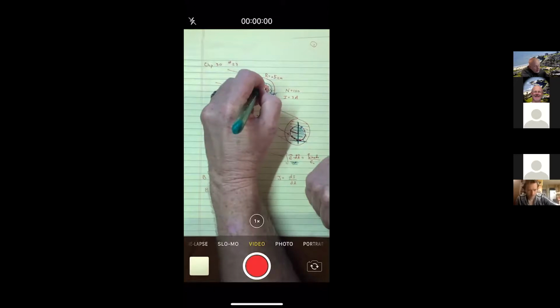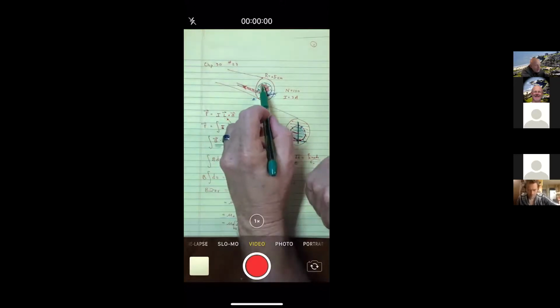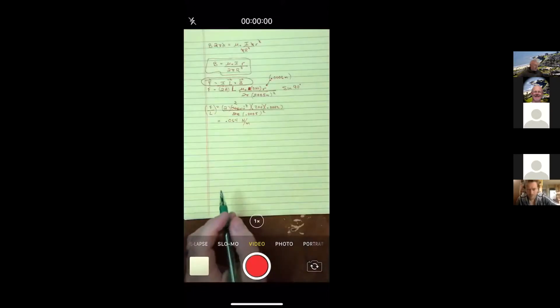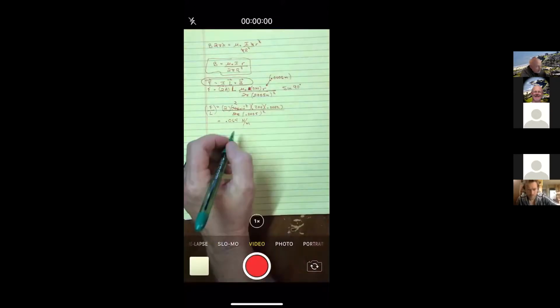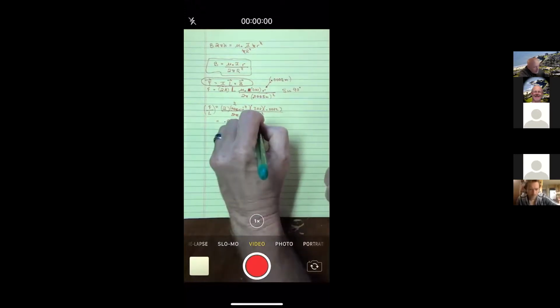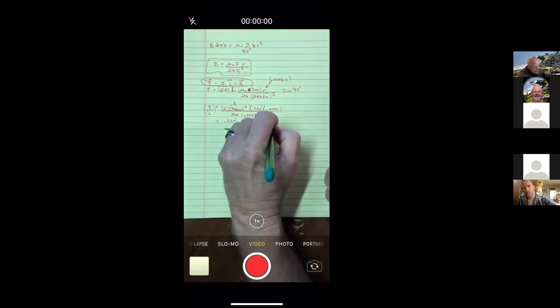And if I do that on any other wire along this Ampere loop, it would always give me a force pointing inward. So coming back to finishing up the problem, I already got the number. Now I guess I need to say it is inward.